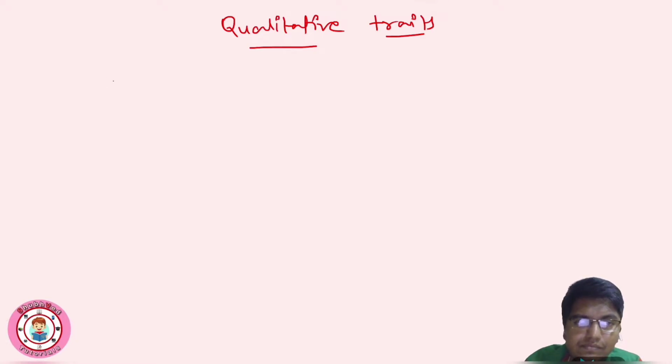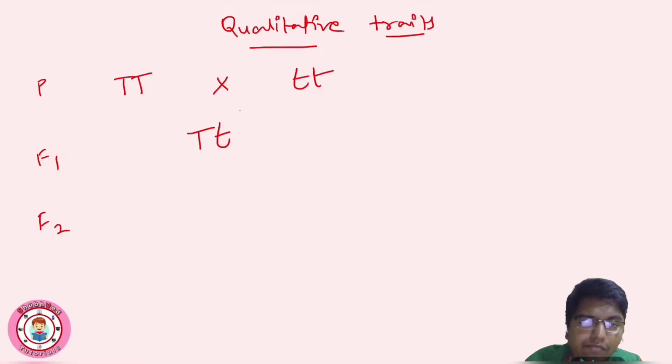Everyone knows this cross: Mendel's true breeding parents, this is F1, and here F2. We cross F1 with F1 and get 3 tall and 1 dwarf.